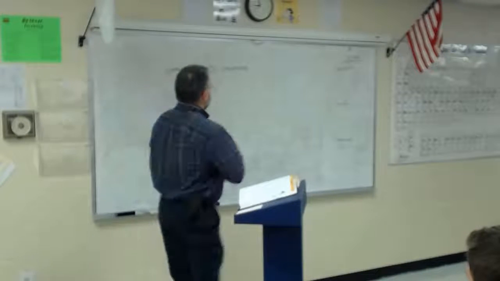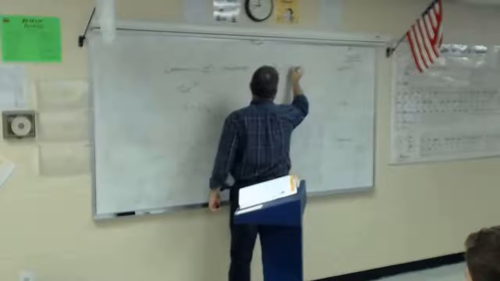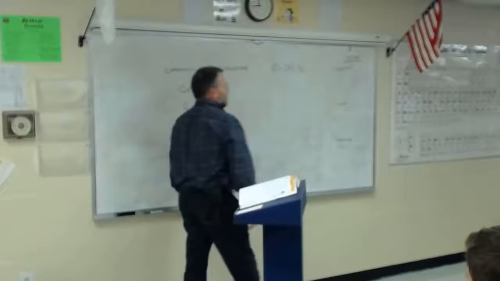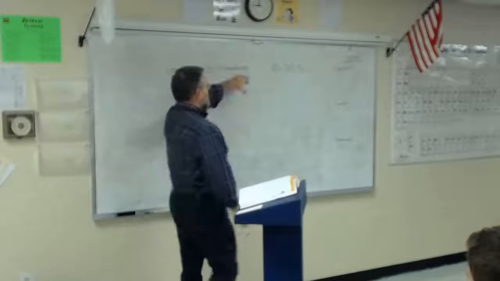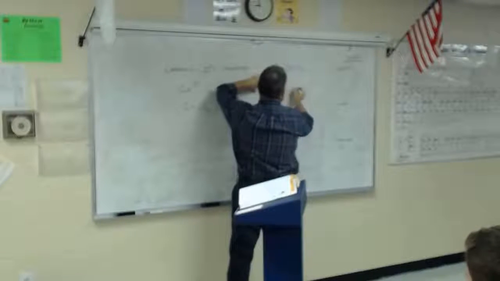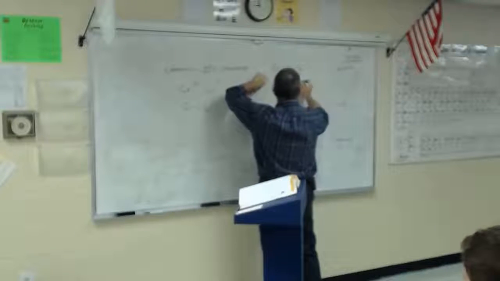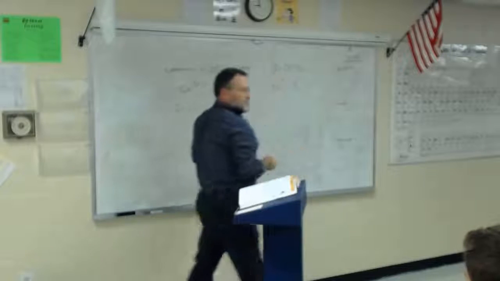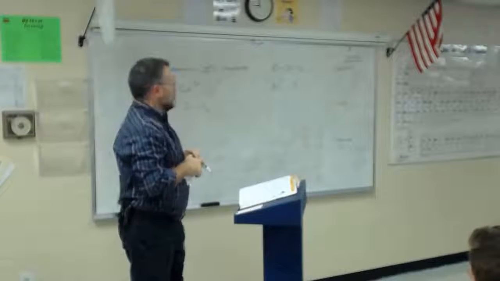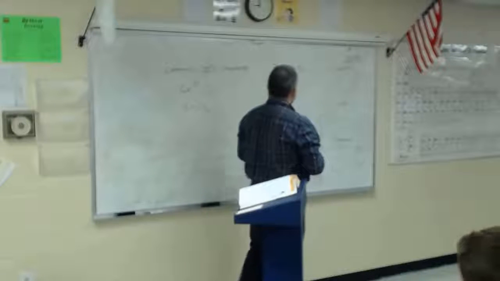Zinc 1 sulfide. I'm just going to put the shorthand down. Zinc 1 sulfide. Okay, so zinc, because it's zinc 1, we know it wants to have a 1 plus. Sulfur, we've already talked about, it's over on 6, so it wants to have a 2 negative. Metal, non-metal, it's ionic, we're still good.